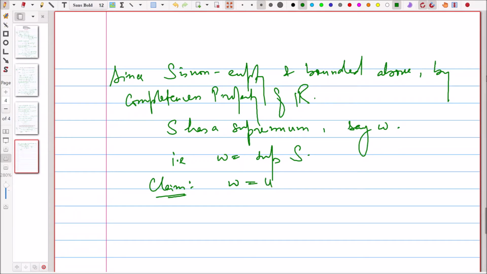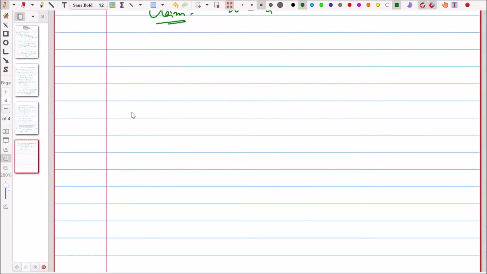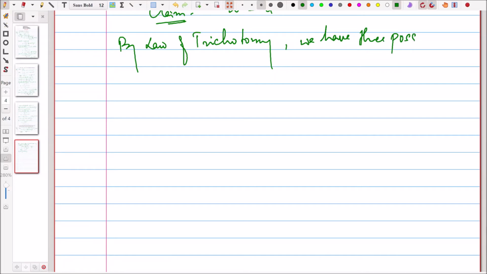Now by the law of trichotomy, we have three possibilities. First, W can be less than U, or W can be equal to U, or W may be greater than U. So we will reject these two cases.